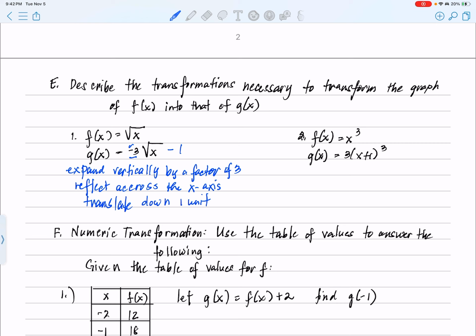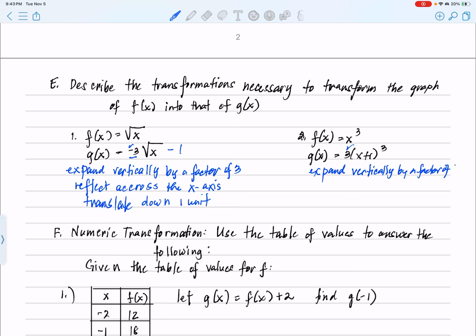You're given an x to the third power, so that is the parent function. So that it becomes the g of x is 3 times x plus 1 to the third power. So you can see this, it expands vertically because it's outside by a factor of 3.